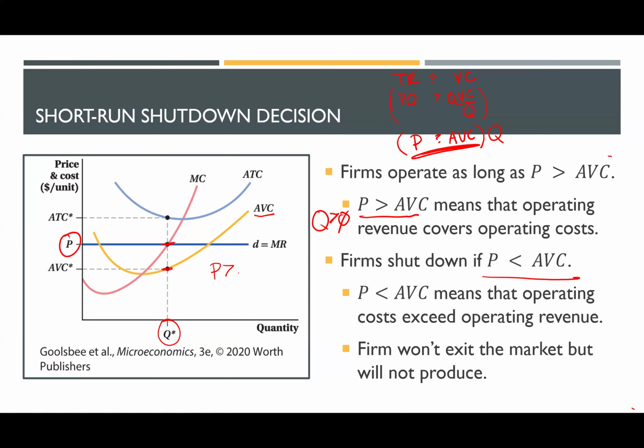And so the firm is going to operate. They're not going to shut down. If the price line was below average variable cost, in this red line that I've drawn here, that would mean that the firm should then shut down.